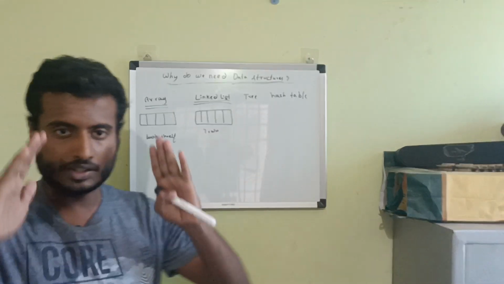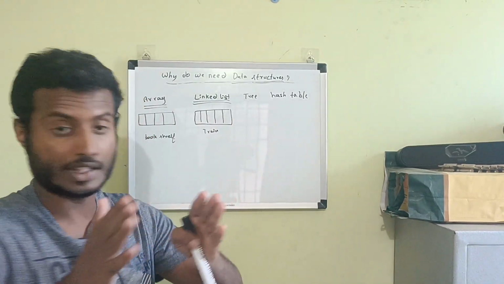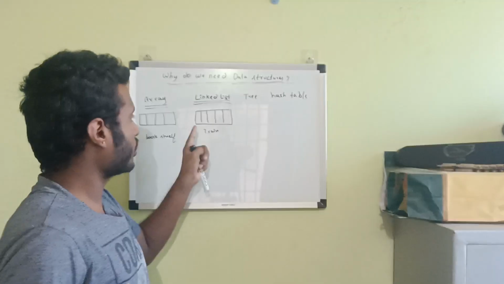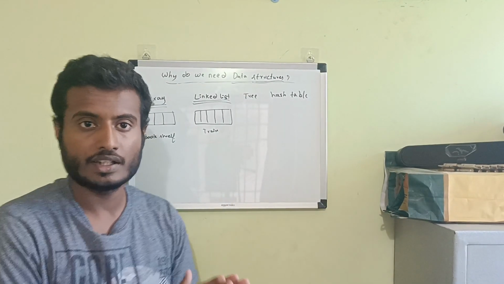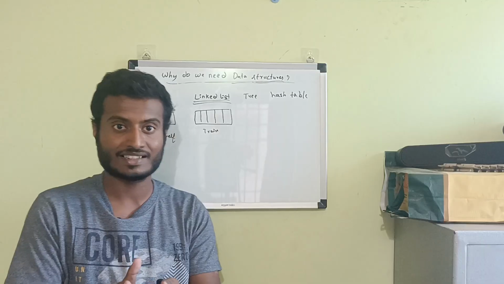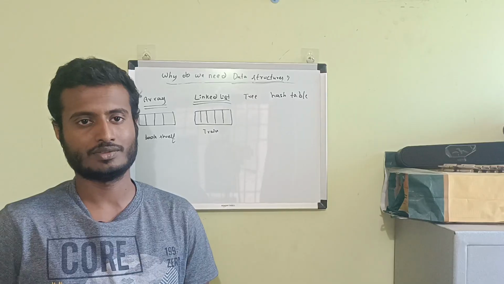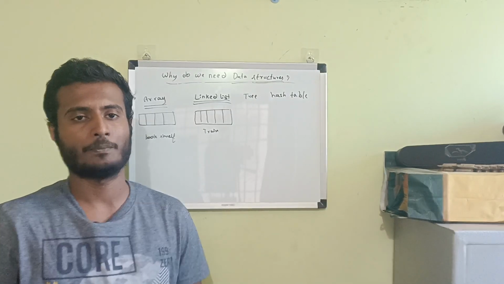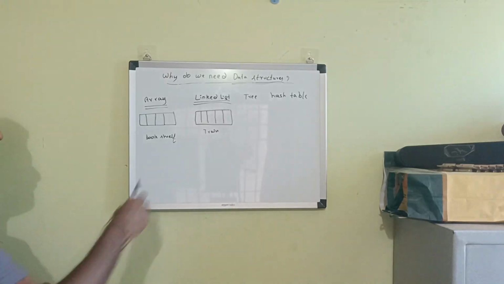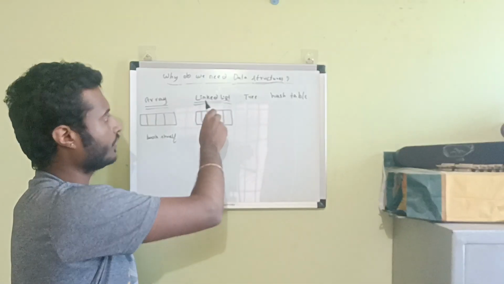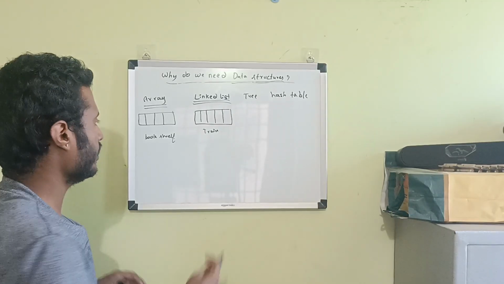Similarly, just keep this in your mind. Each coach, each compartment, each section has information to the next section of it. So this is the main goal of the linked list. Everything is connected.